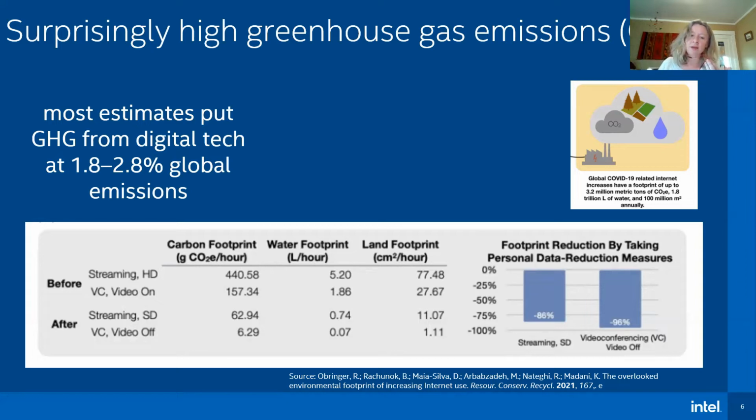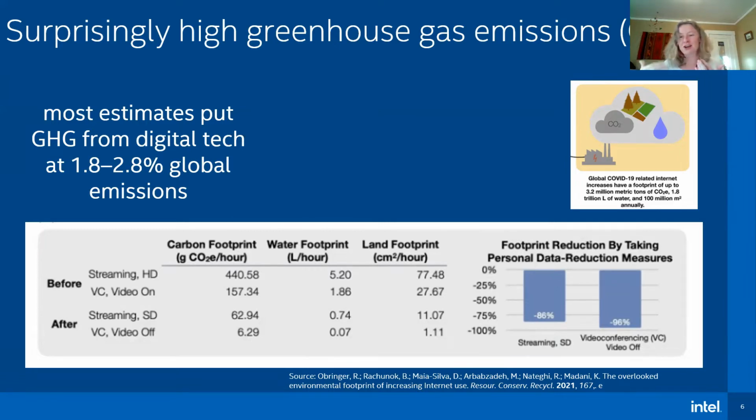So one of the things I really wanted to be sure to include here is a paper that came out just after the first year of COVID, where they're tracking the greenhouse effects of COVID. And one of the things they found was, look, if you just switch from high definition streaming video to standard definition, you're going to seriously reduce the carbon footprint you cause by streaming all that stuff.